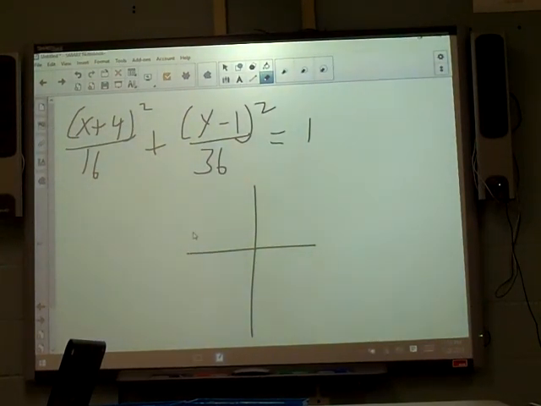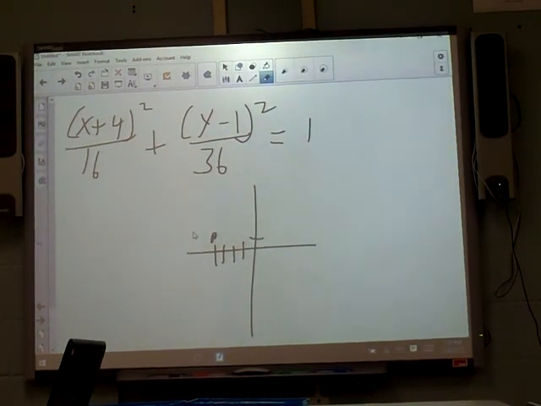Alright, where do you think the middle of this ellipse is? -4. Okay, opposite signs just like on the circle. So Kaylee is right, it'd be at -4, 1. Just like we use the opposite signs on the circle, we're going to do the same thing here. So I would go left 4 and up 1. And that's where the middle of that thing is going to be.